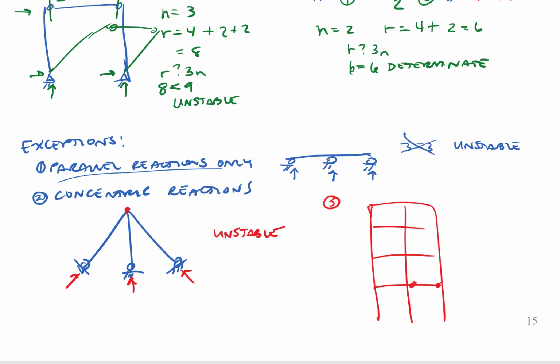right, with some hinges in it. And if we check the determinacy of this, I have 6 reactions. I'm going to cut my closed loops. So I have 3, 3, 3. A hinge down here as well.